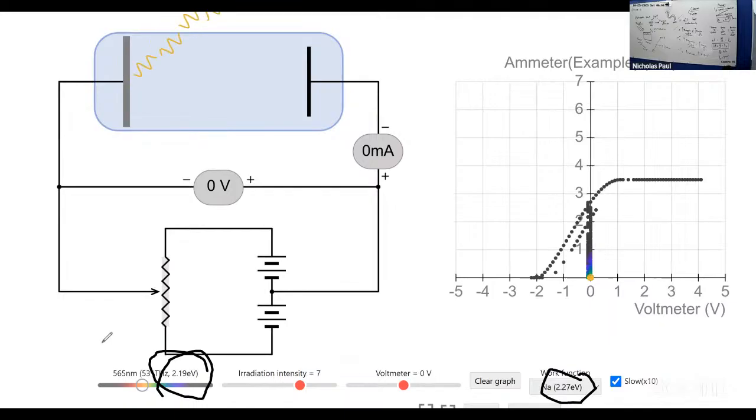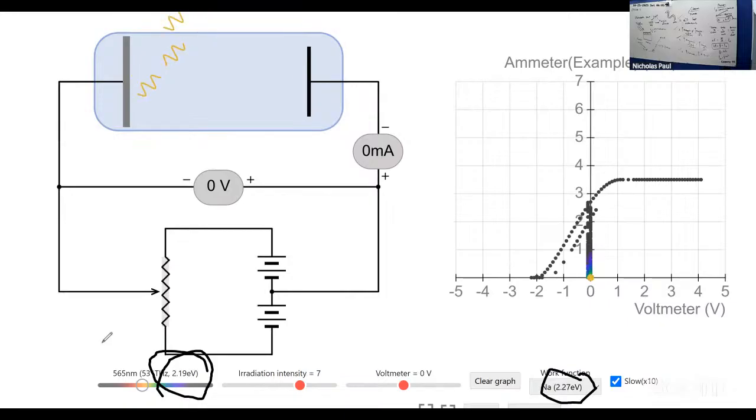The stopping potential is the voltage at which the photocurrent in the circuit is how much? Is zero. Is 0 amperes.